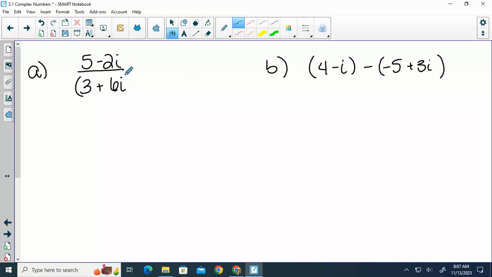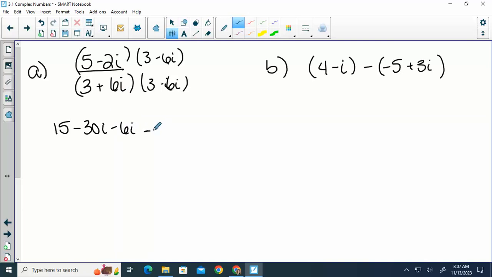Conjugate at the bottom, so 3 minus 6i. So if we FOIL, we get 15 minus 30i minus 6i plus 12i squared. In the bottom, if we FOIL, we get 9 minus 18i plus 18i cancel, minus 36i squared.